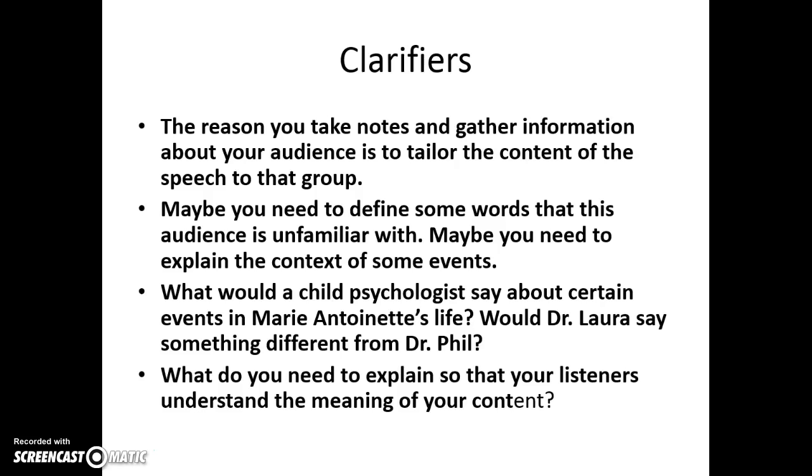So, lastly, what do you need to explain in your speech so that your listeners understand the meaning of your content? Here's where you're really stitching together your argument. If the purpose of your speech is to make us feel sorry for Marie Antoinette, then you're going to talk about all the mean people who gossiped about her, that said she was too skinny, and then they said she was too fat, and then they said she was a lousy mother, and then they said she was a lousy queen, and that she cheated on her husband, but of course they never said any of that to her face.